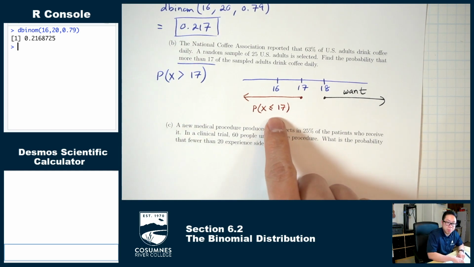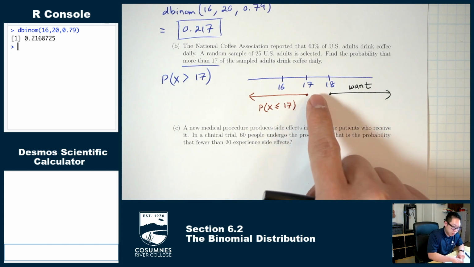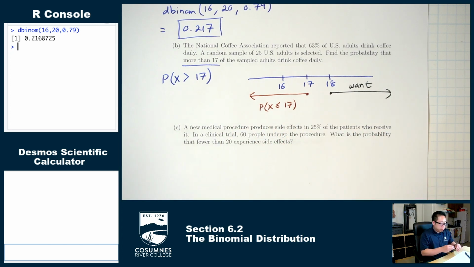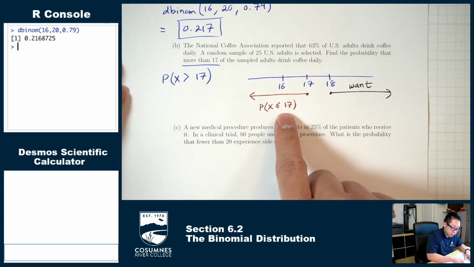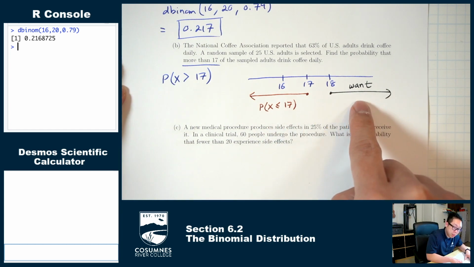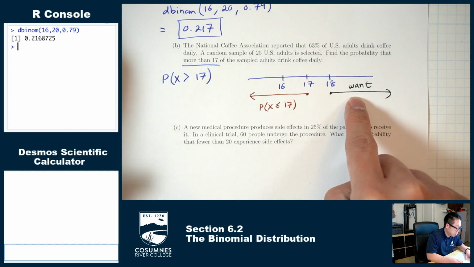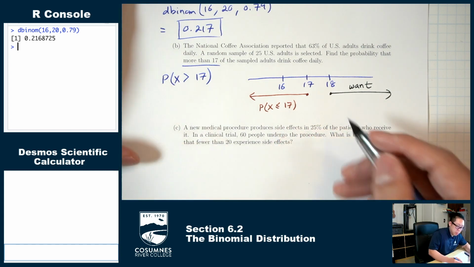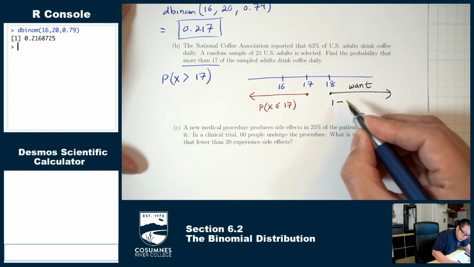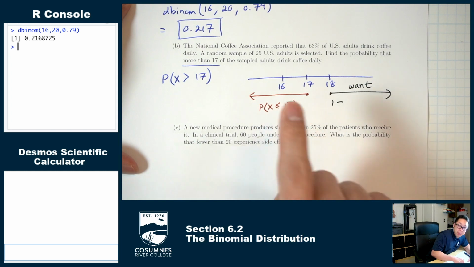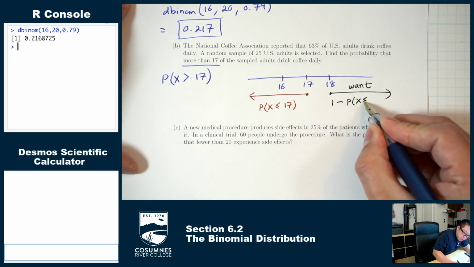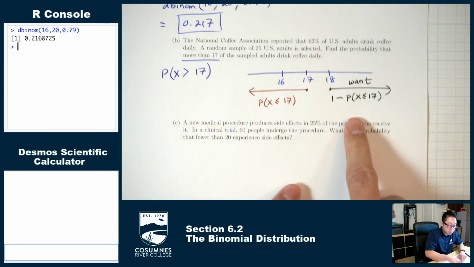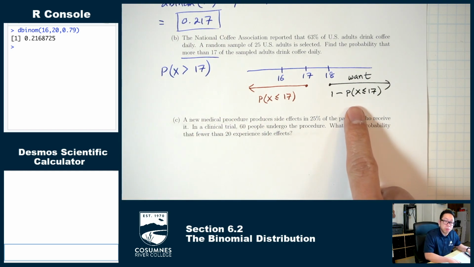Less than or equal to 17 means 17 or less, or 17 to the left. So the left part is X less than or equal to 17, which means if I want the other side, which is just the complement, all I need to do is 1 minus that. Okay, so 1 minus that red part. So 1 minus less than or equal to 17. And that's going to tell me exactly what I need to type into R.